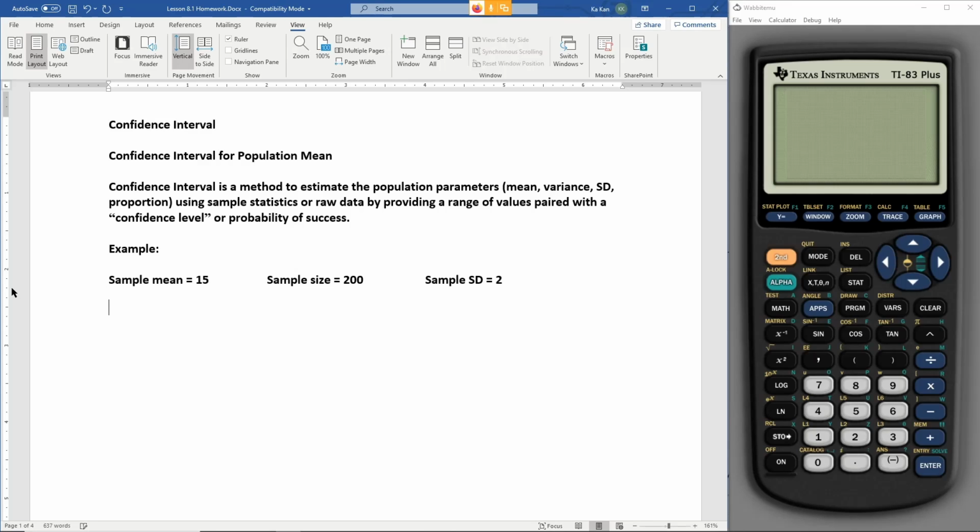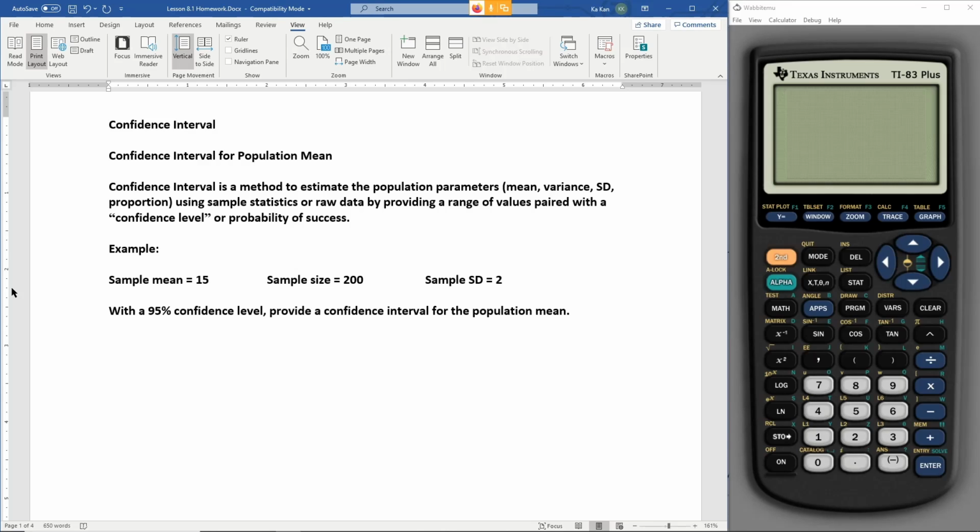My question would be, with a 95% confidence level, provide a confidence interval for the population mean. So what am I saying?